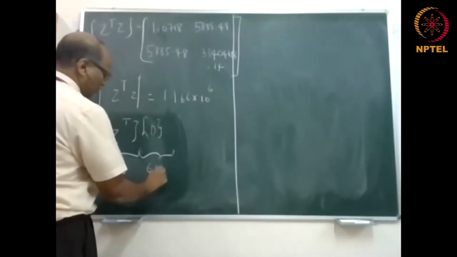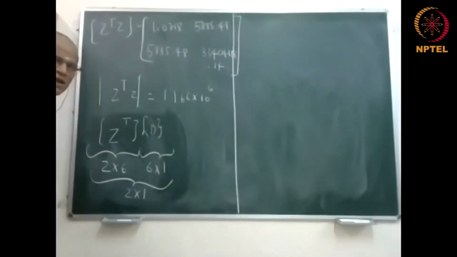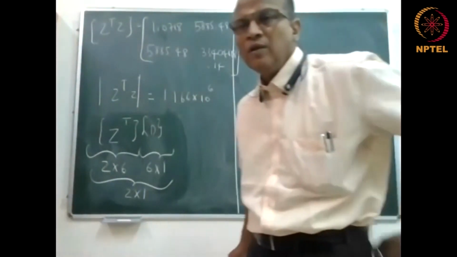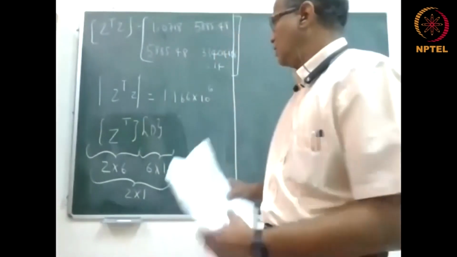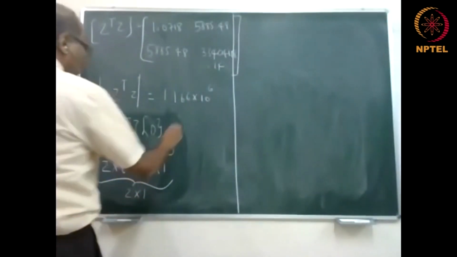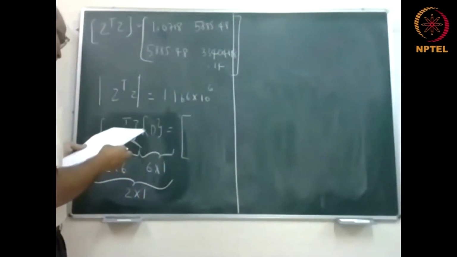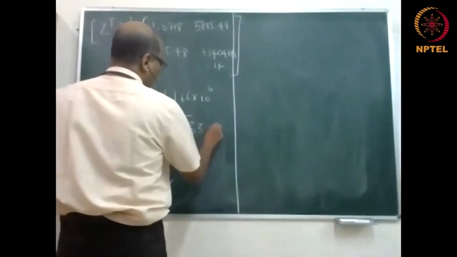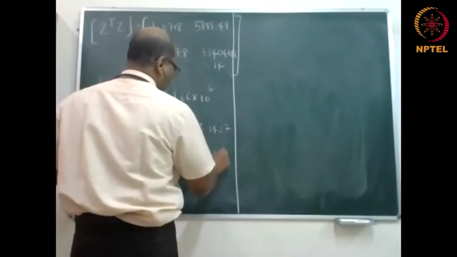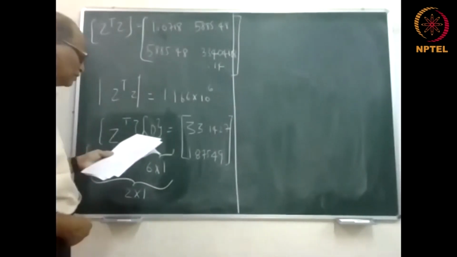So this is 6 by 1. Is this correct? Yes, sir. Okay, so this is a matrix. This is basically Suraj's work. I'm assuming that it is correct. Anyway, the class is there to check. 33.1427, 187549. So this is also there. Okay, is this correct? Yes, sir.